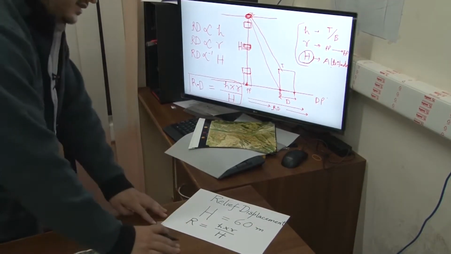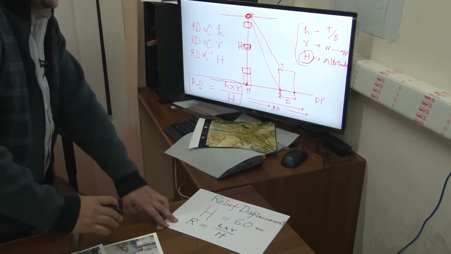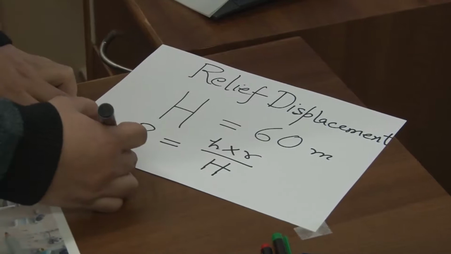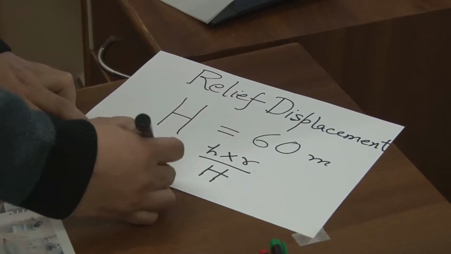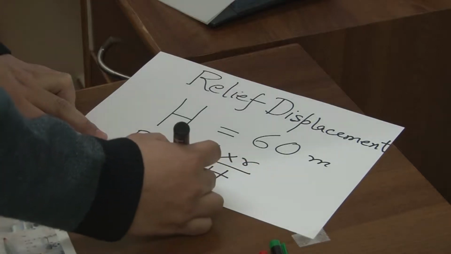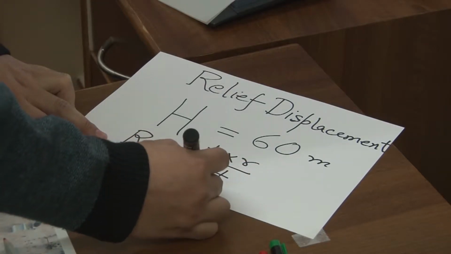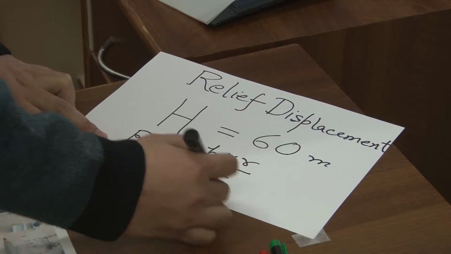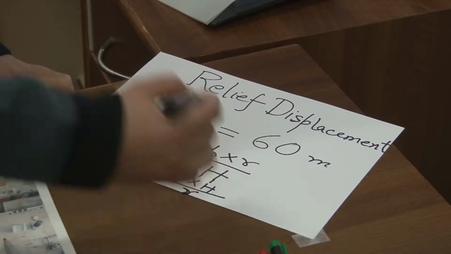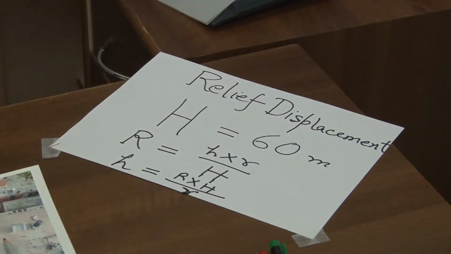In case you need to calculate the height of the object or building, then simply h will be equal to R into H divided by r. Let's do it.